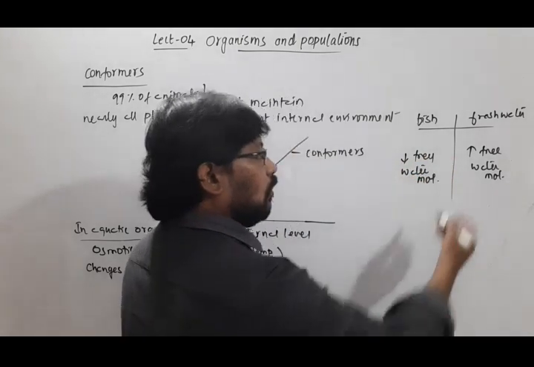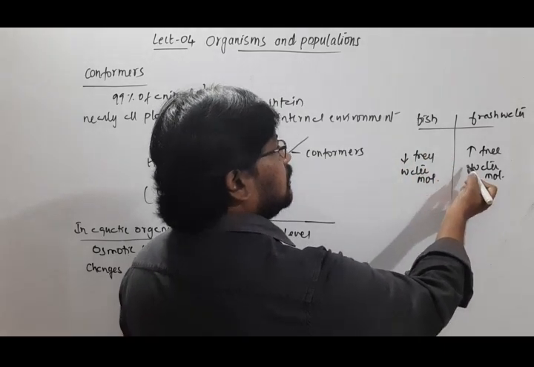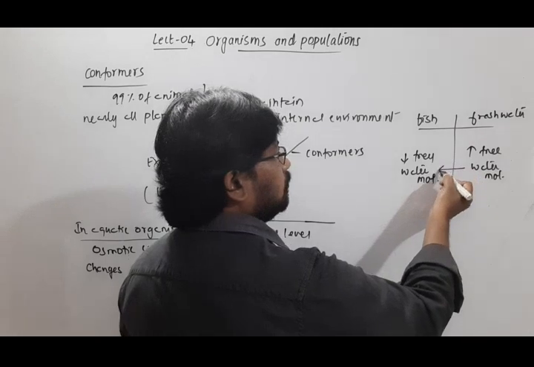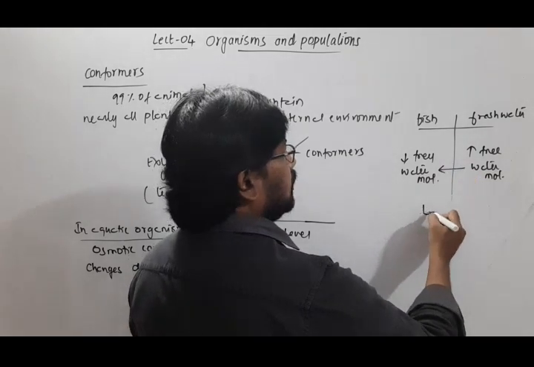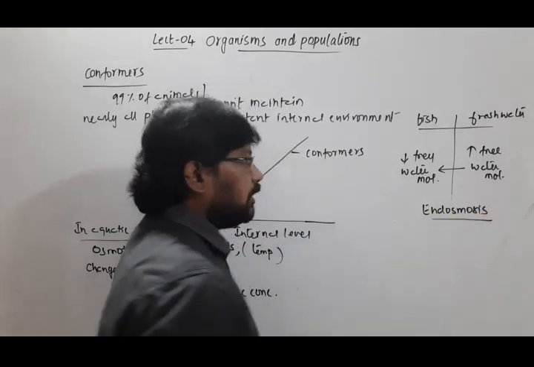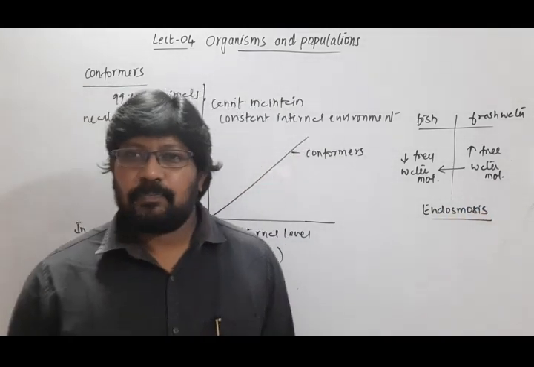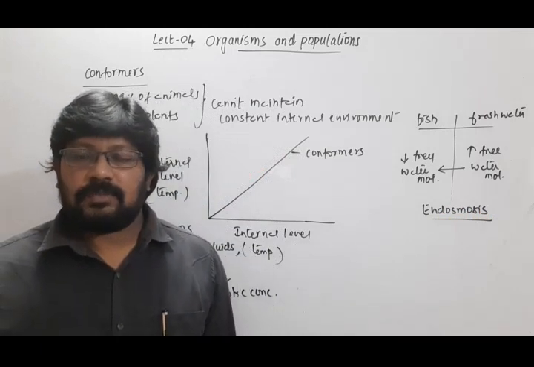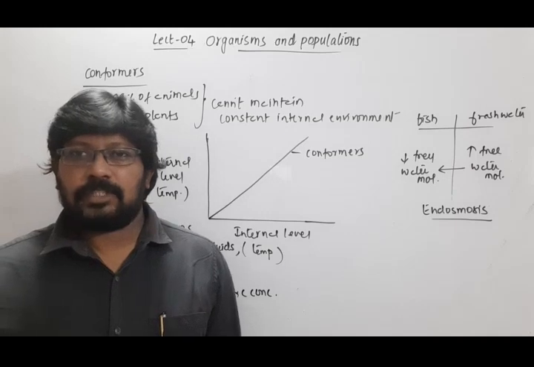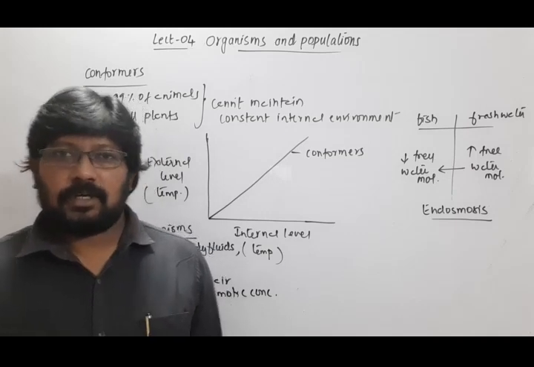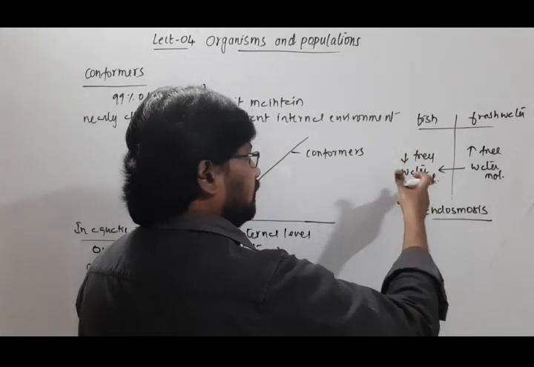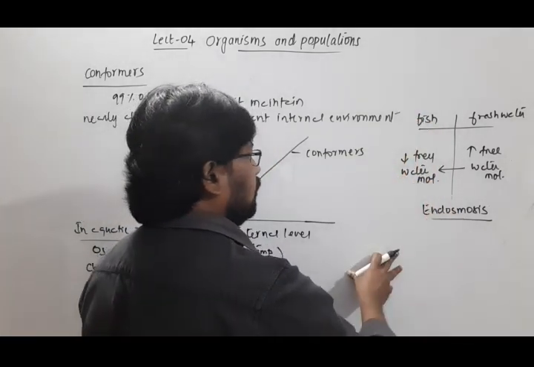So the water from the fresh water, I mean from the river or pond, is going to move into its body. That process we call endosmosis. And we know, when we studied osmosis, that water moves from a region of higher water potential to a region of lower water potential. So the animals that live in fresh water face the problem of endosmosis.